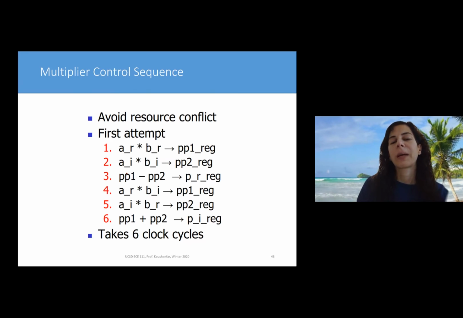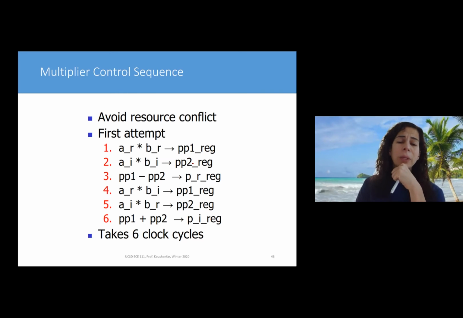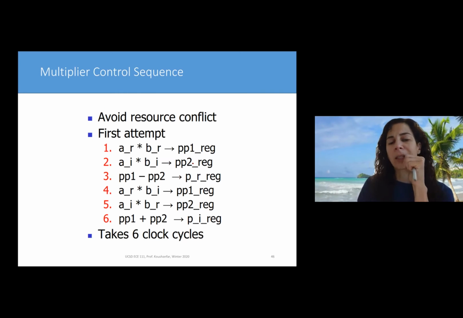In the third step, we are going to do this subtraction and put it in the R register, and so on and so forth. As you could see, this takes 6 clock cycles. Now, the question is, can we do better? Is there a way we could do it in fewer clock cycles?